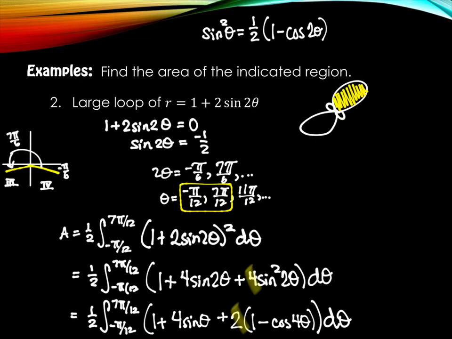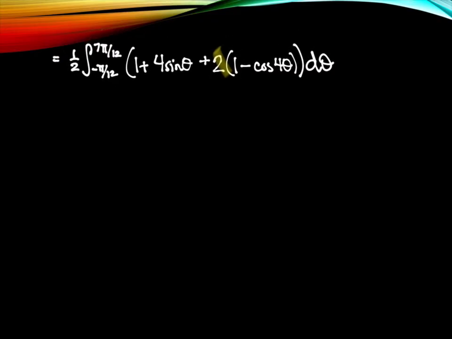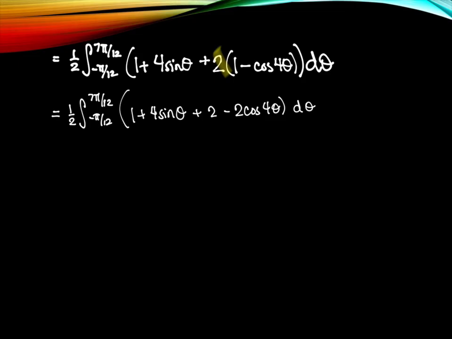Yeah, I have space over here, so I'm going to move to the next screen. Okay, we need to clean this up, and then we can do an antiderivative. So, one smaller. So this is 1/2 the integral from negative pi over 12 to 7 pi over 12. I have 1 plus 4 sine of theta plus 2 minus 2 cosine of 4 theta d theta.